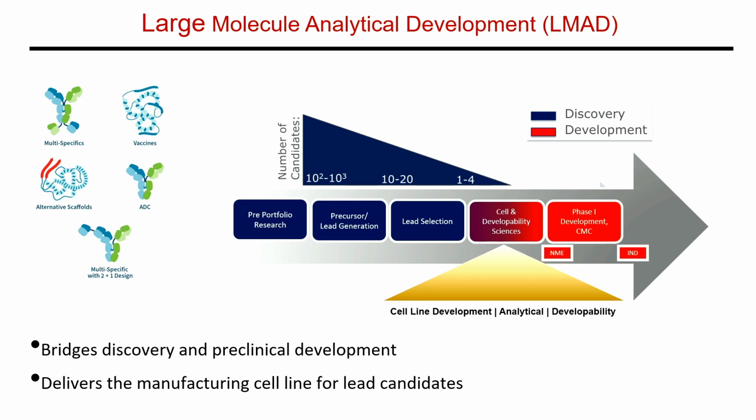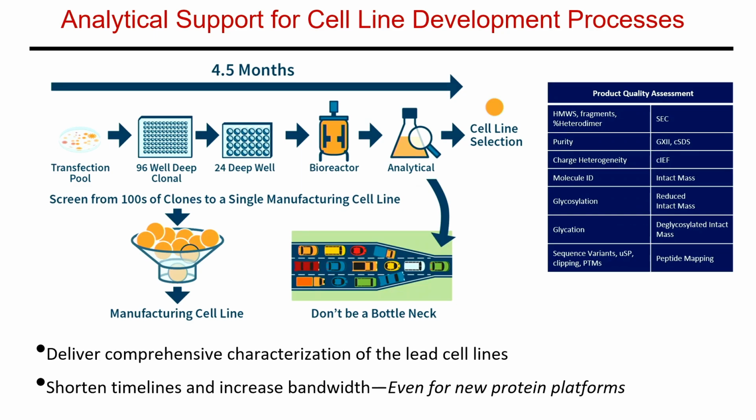So you can see on the top left-hand corner, we are working with different types of molecules, vaccines, antibody-drug conjugates, various alternative scaffolds, but more recently, we've been focusing mostly on these multi-specific antibodies, which have been quite popular in immuno-oncology. So once it comes to our department, the analytical support that goes for cell line development is as follows.